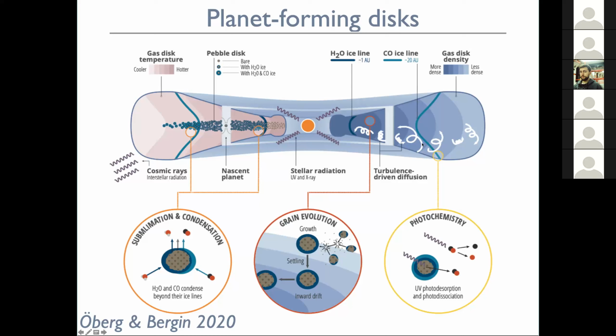And also many things go on. So there is some turbulence, there is grain growth and evolution. Here you can see that you have, for example, settling, inward drift, and fragmentation when you have collisions between dust grains, and so on and so forth. A lot of chemistry, photochemistry, for example, if you are quite close to the atmosphere of the disk. And also, and this is very important, the grains are covered by thick icy mantles.